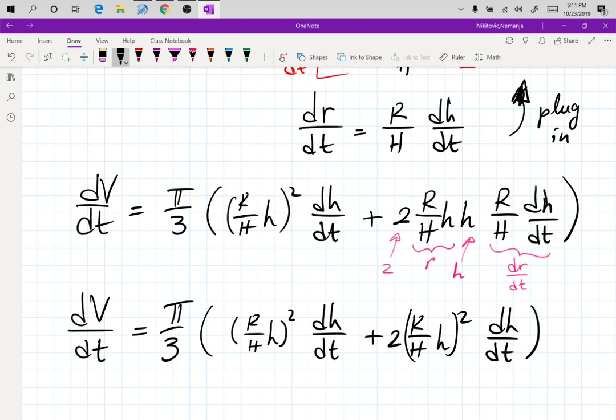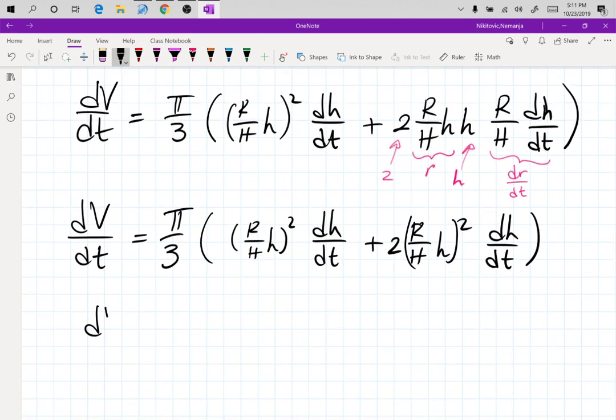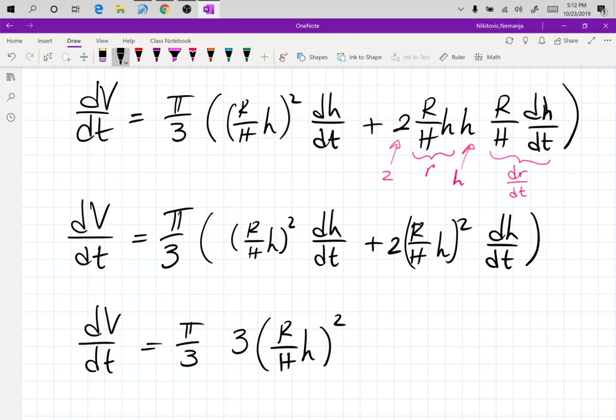You can see that h times h is h squared, r times r is r squared, capital H times h is h squared. So you have the same quantity, it's the same term, so it's 3 of them, right? So now you have dV/dt is pi over 3, and then I don't need the parentheses now, I just have 3 R over H squared dh/dt.